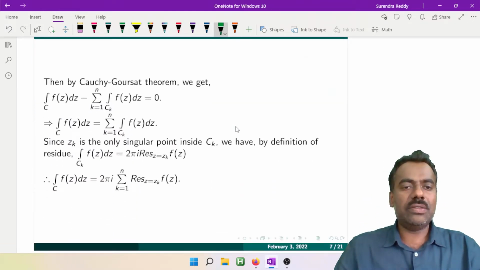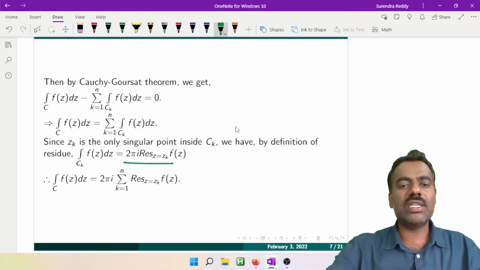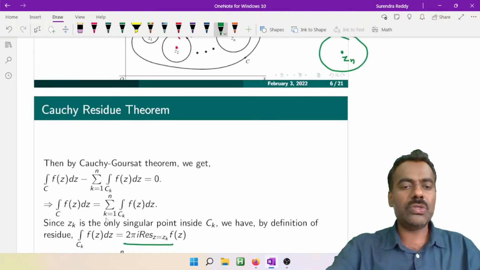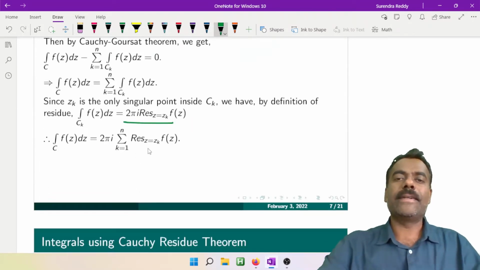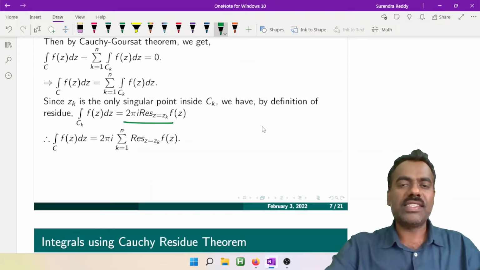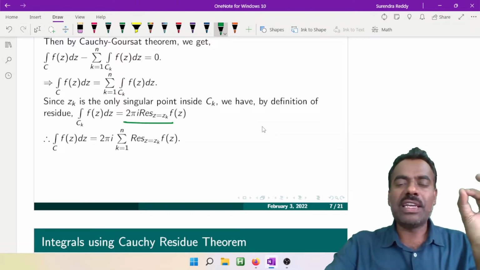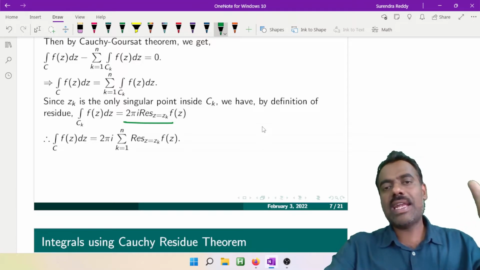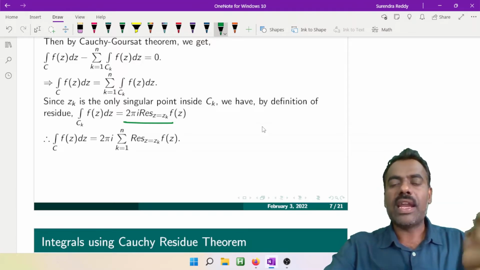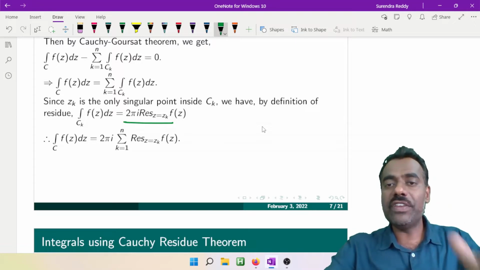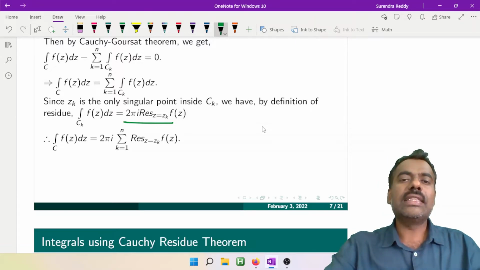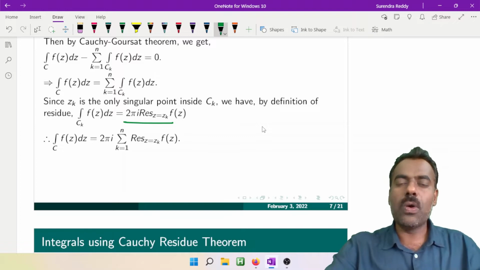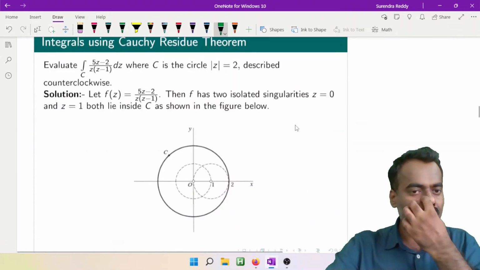That means the integration of f of z dz over Ck is 2 pi i times the residue of f of z at z equal to zk. Therefore, if you substitute those in the summation, we get the result. So the Cauchy residue theorem says that if there are finitely many singularities inside the curve C, and f is analytic on C and everywhere except those finitely many points, then the integration of f of z over C is 2 pi i times the sum of those residues.